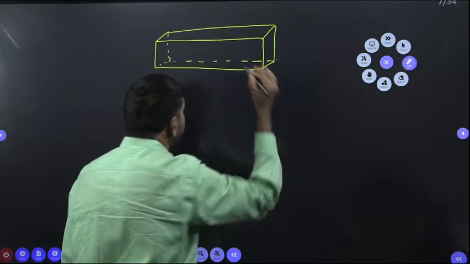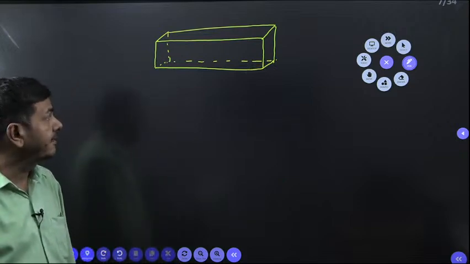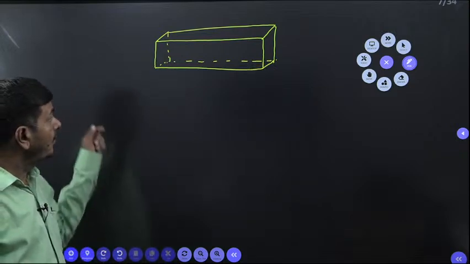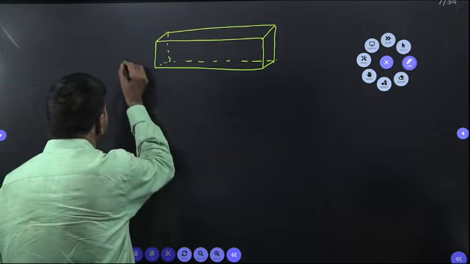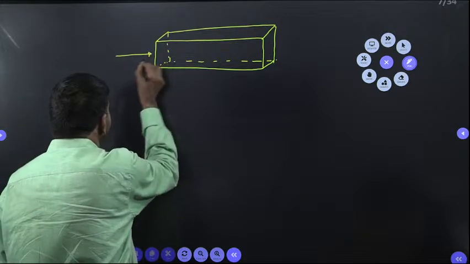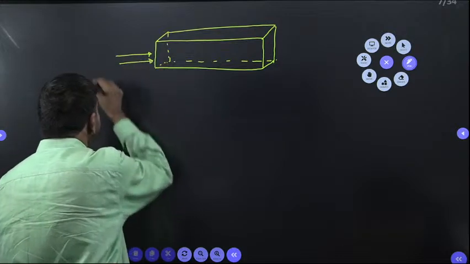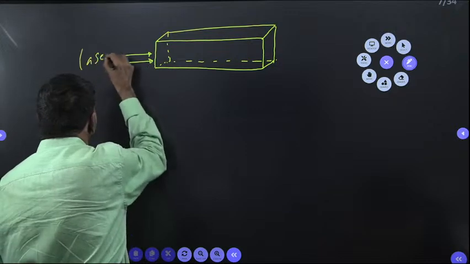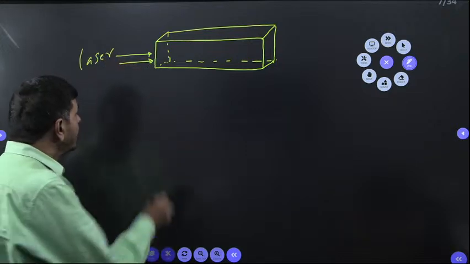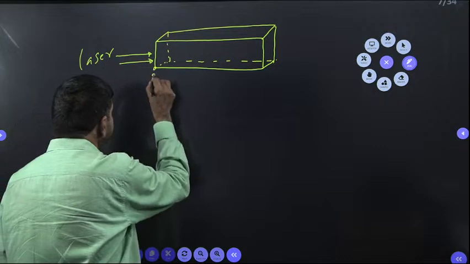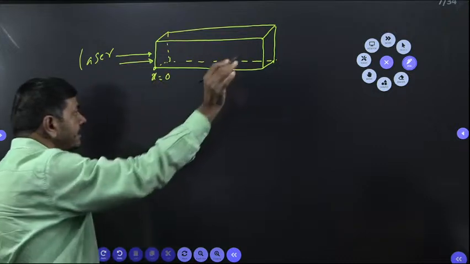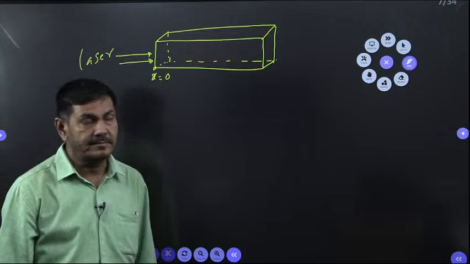This is a rectangular bar given here now. And there the laser light is applied from this side. X equal to 0 here. Some length of this conductor is there now.